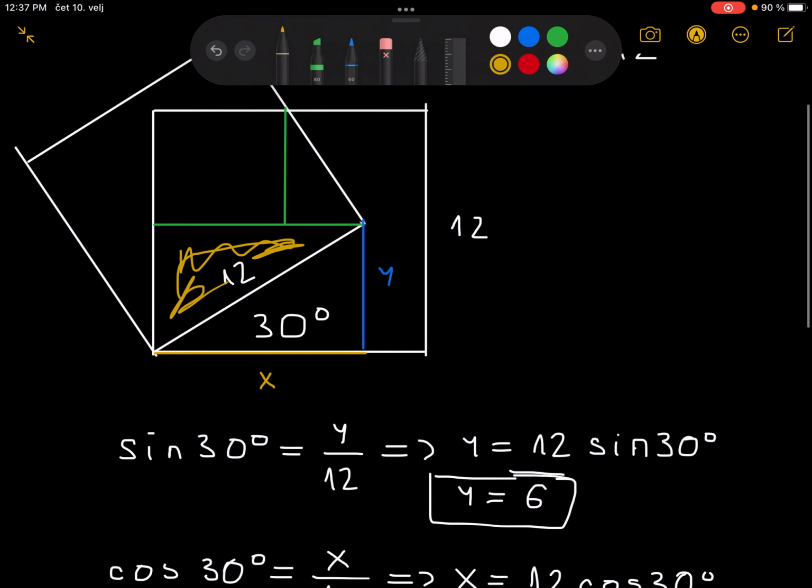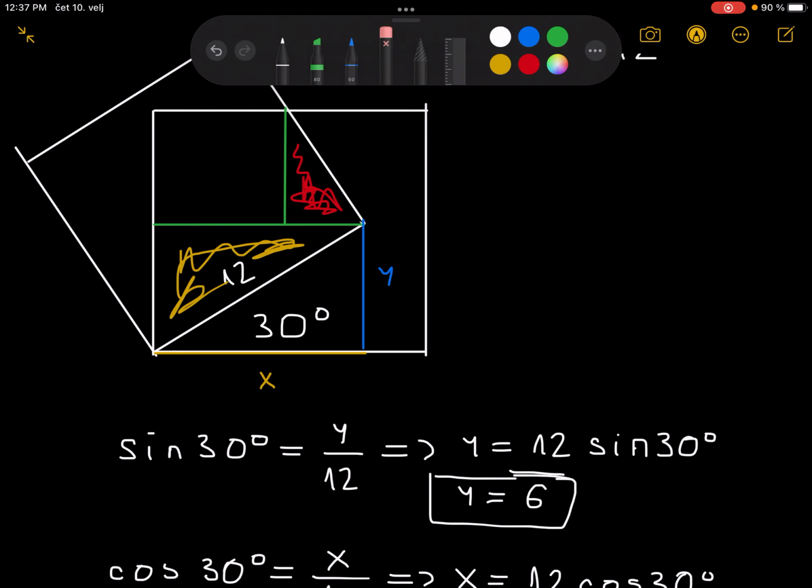Now I'm going to be using the similarity of the triangles to find the area of this other triangle right here. And how am I going to do that?